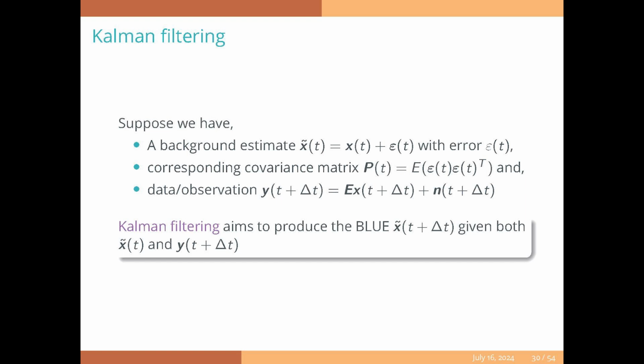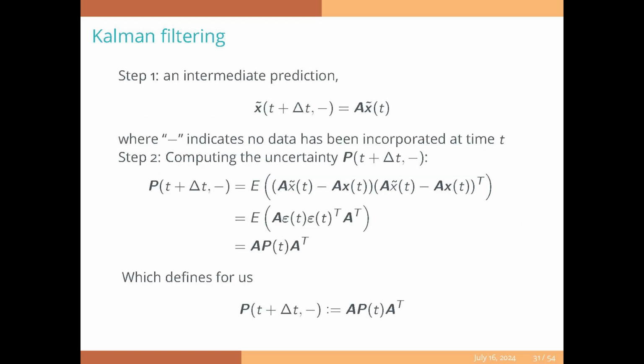And our goal is to combine all of this information to produce that best linear unbiased estimate at t plus delta t. So we're just going to find a way to combine x tilde and y. And that's what Kalman filtering tries to do. So step 1 is to say, let's say we have an intermediate prediction. Like we saw, my data lives at time t plus delta t.